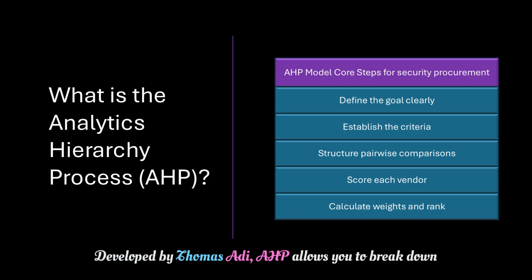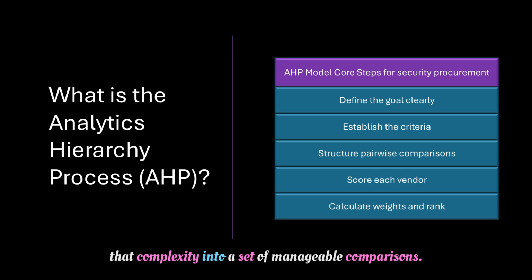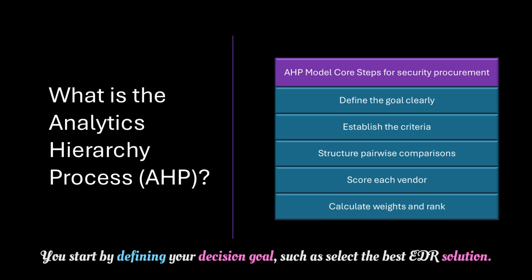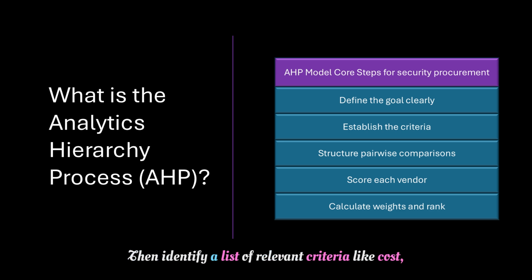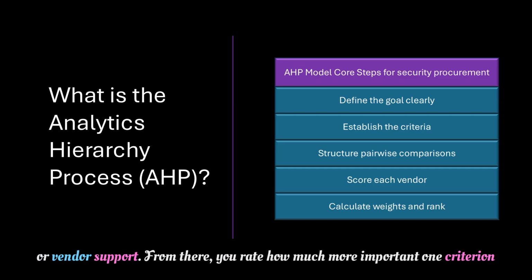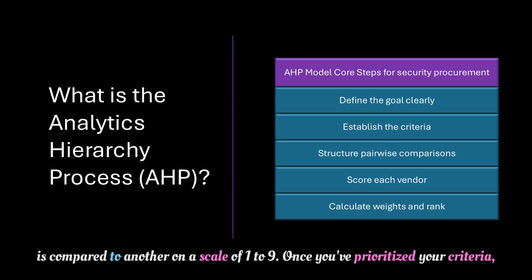Developed by Thomas Saaty, AHP allows you to break down that complexity into a set of manageable comparisons. You start by defining your decision goal, such as select the best EDR solution, then identify a list of relevant criteria like cost, scalability, ease of integration, or vendor support. From there, you rate how much more important one criterion is compared to another on a scale of 1 to 9.